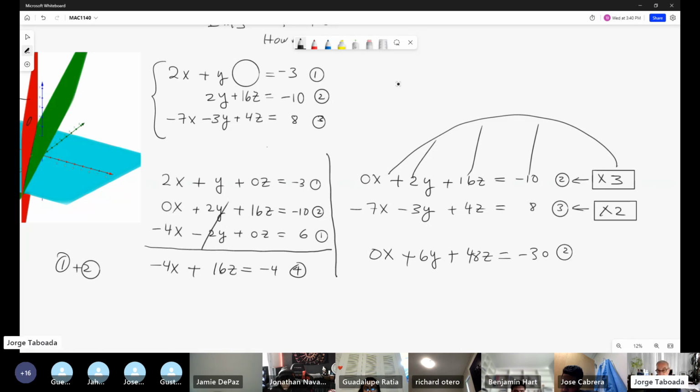This equation 2 is equivalent, totally dependent, it's the same plane. Now let's do the multiplication by 2: negative 14x minus 6y plus 8z equals 16. This is my equation 3.